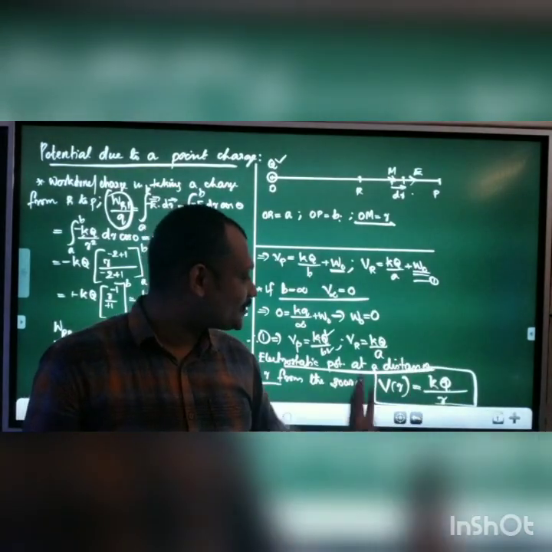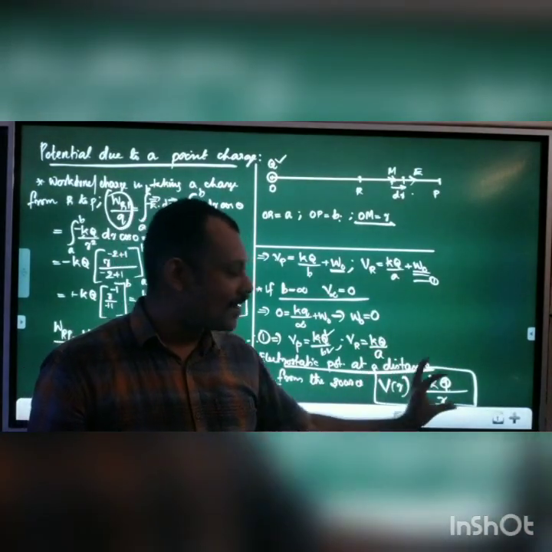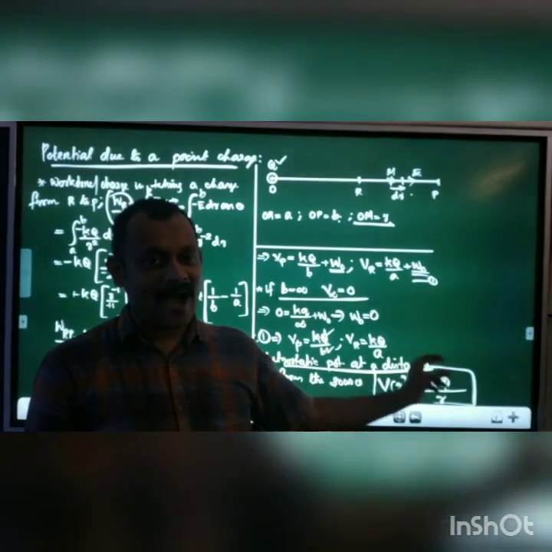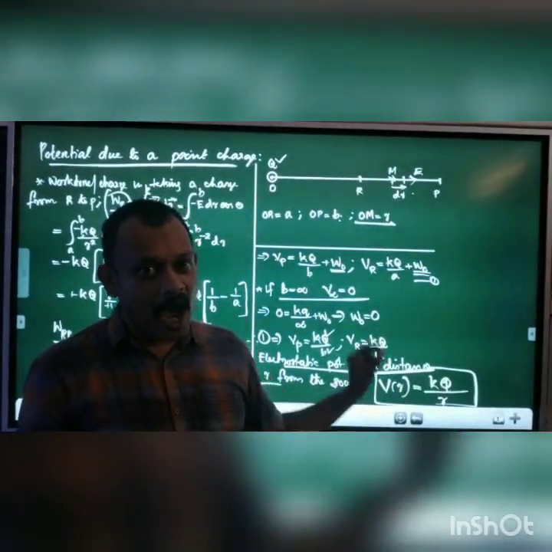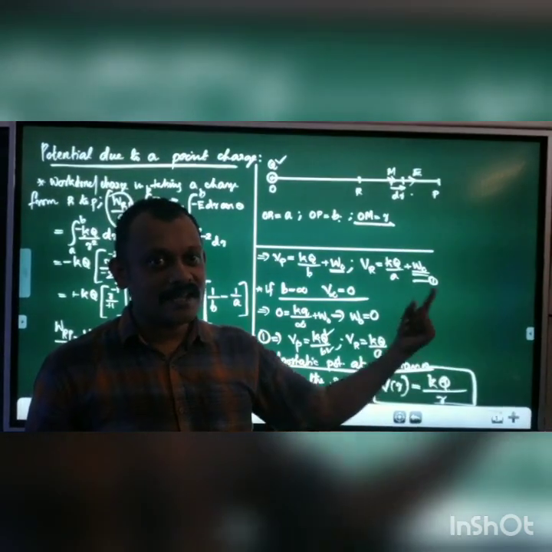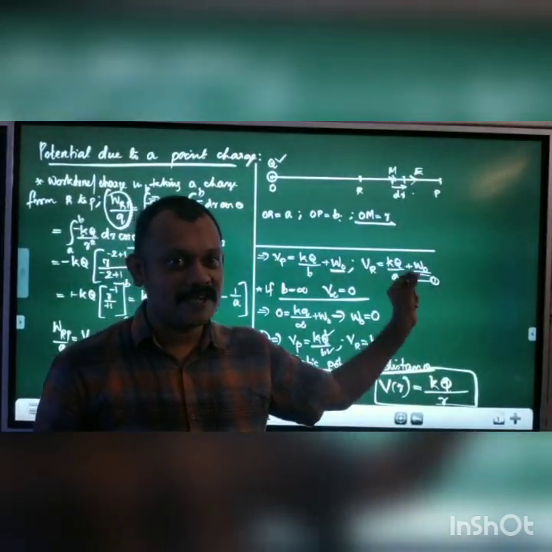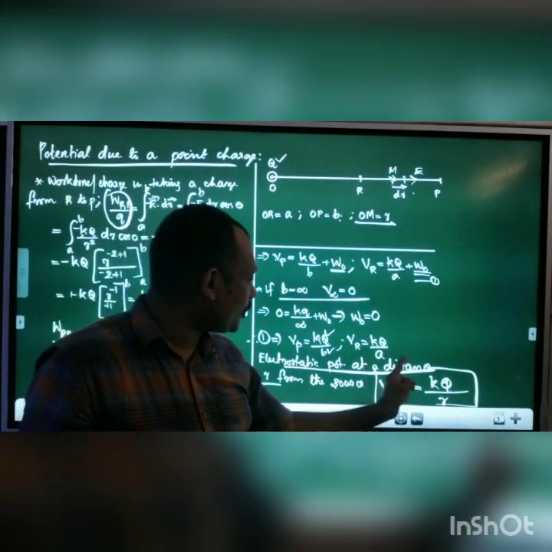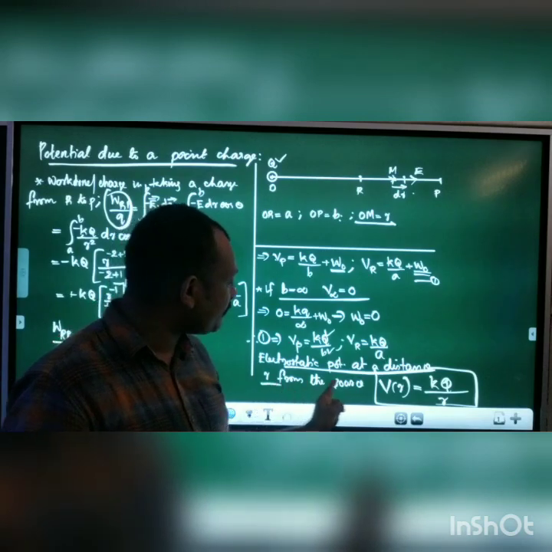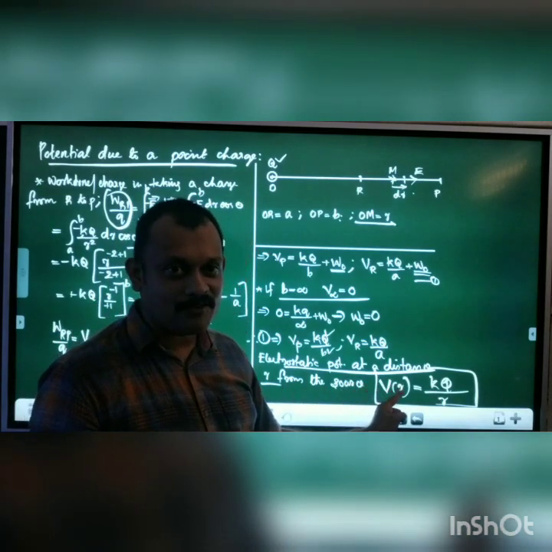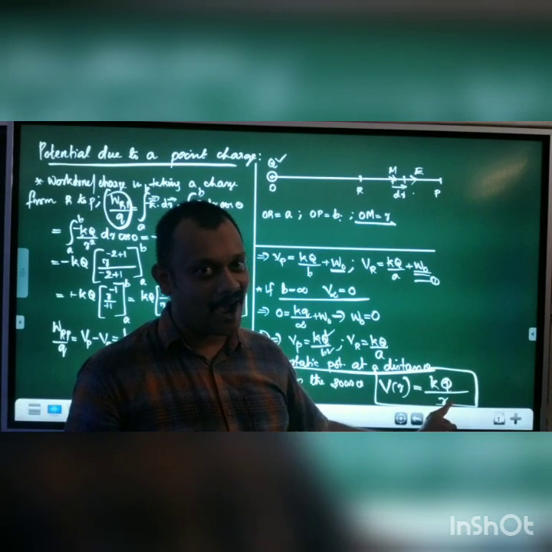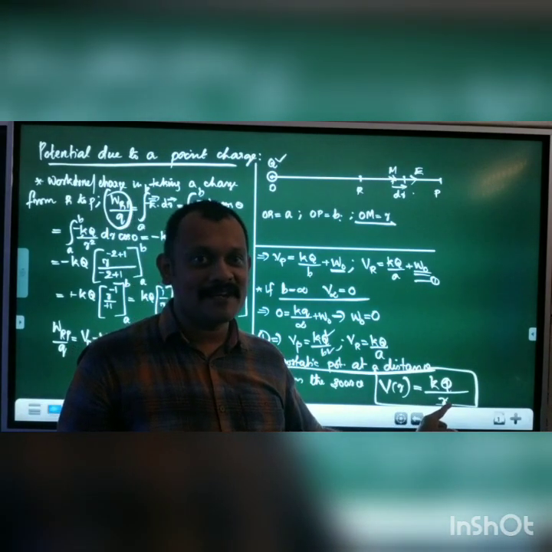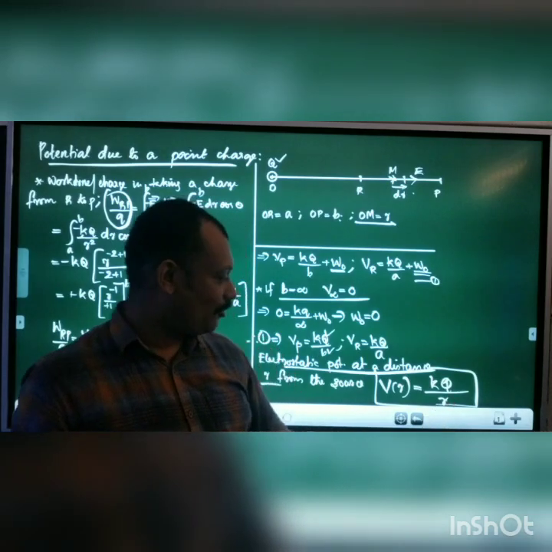This is the general expression for the electrostatic potential due to a point charge at a distance r from the source, considering that electrostatic potential at infinity is 0. I repeat, the electrostatic potential at a distance r from the source is V of r is equal to kq divided by r, considering the electrostatic potential at infinity is equal to 0.